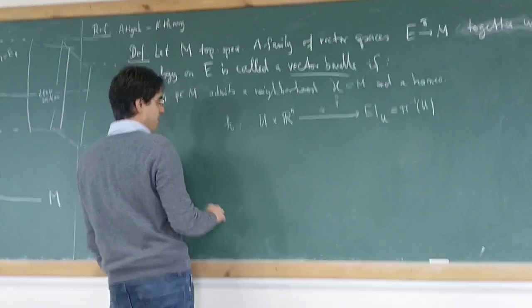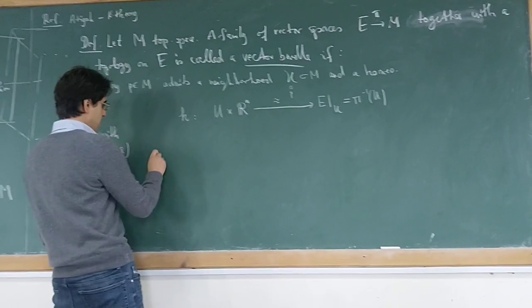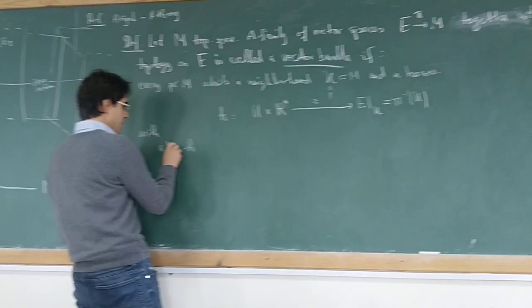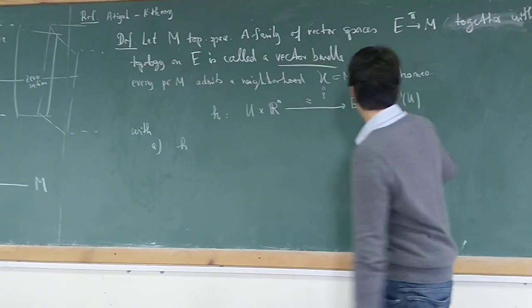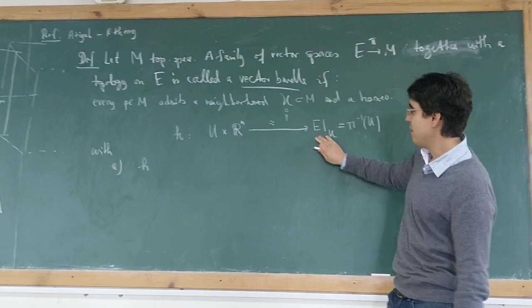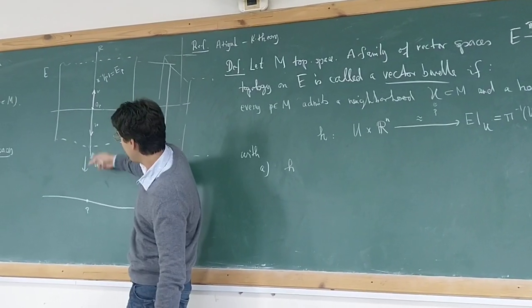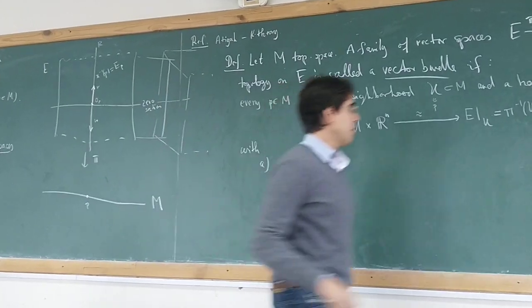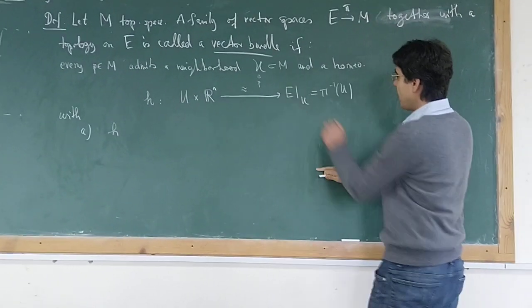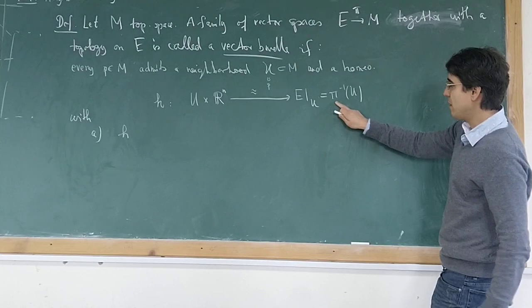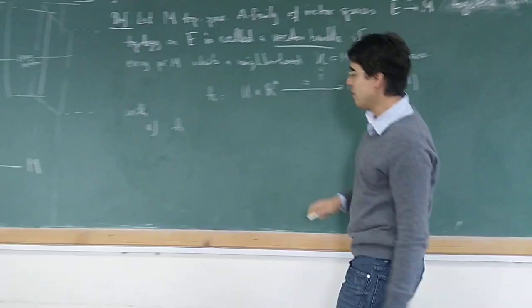First is that if we go over here, then we're here, and then we can project down using the map pi. If we project down using pi, we get a point in U.